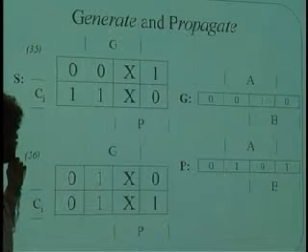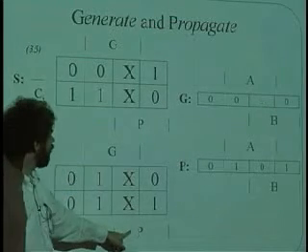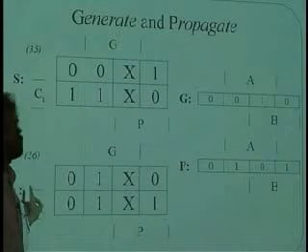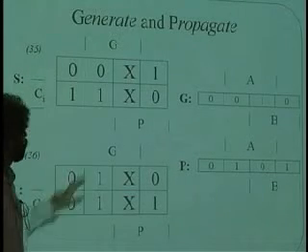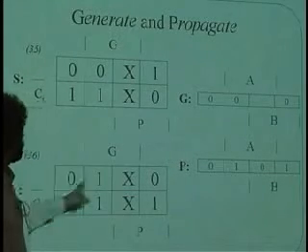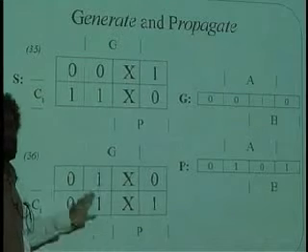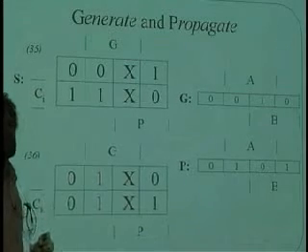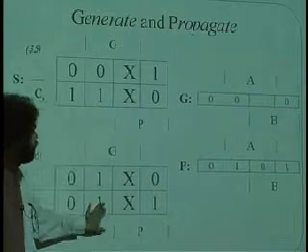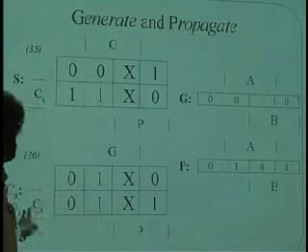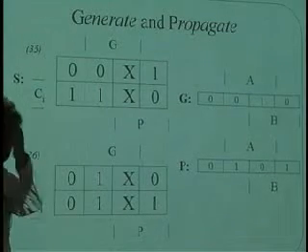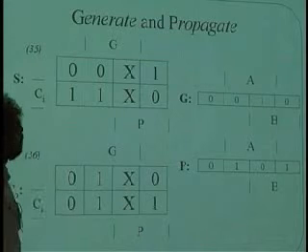If propagate is high, C sub O equals C sub I. If generate is high, C sub O equals 1. Otherwise, it's 0. Very simple function. If G is high, 1. If P is high, take C sub I. How about the sum bits? Well, let's take a look.